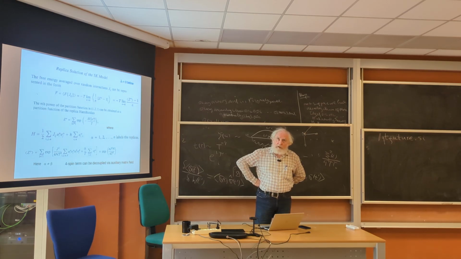But the cost of this success in averaging over disorder from the very beginning is that you now have a system with n times more variables. And what is even more important, at the end, you need to put this n to 0.